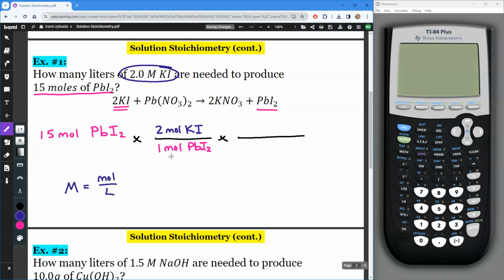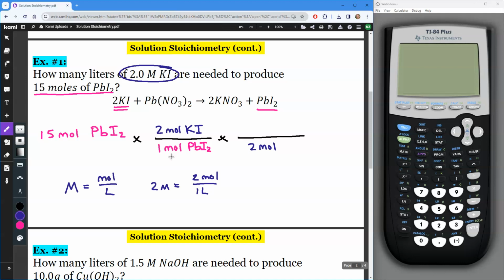Moles over liters. So if it's 2 molar, that means that you have 2 moles for every 1 liter. I can use that as my conversion factor. So this is moles of potassium iodide, my 2 moles is going to go down here.